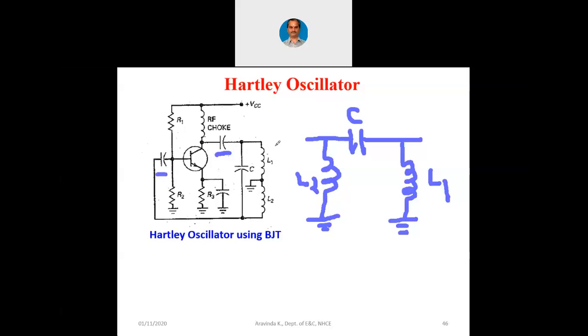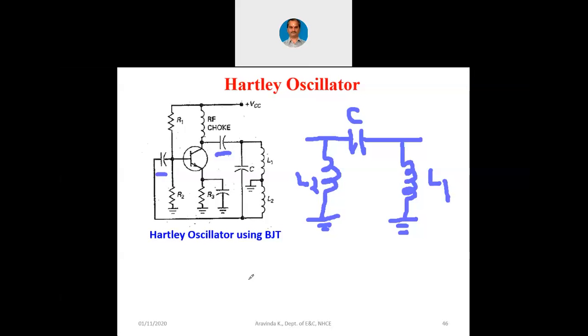Now when we connect the output to the load, we should again go for either capacitive coupling or link coupling based on the choice. So this is the Hartley oscillator which is going to work in the same fashion as the Colpitt's oscillator. The only difference is the feedback circuit's arrangement is slightly different.